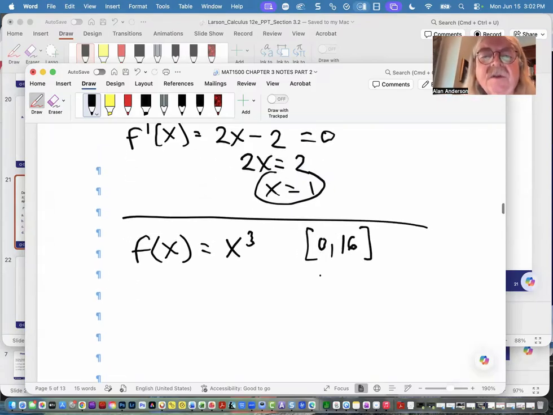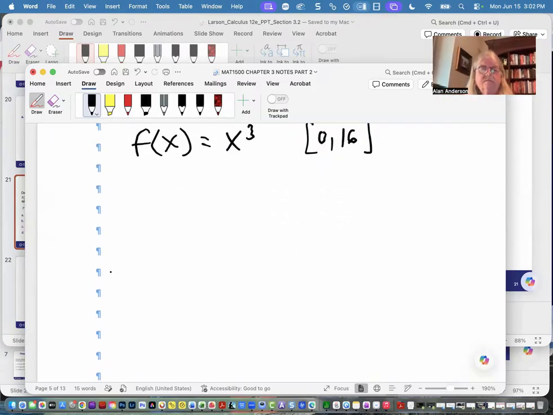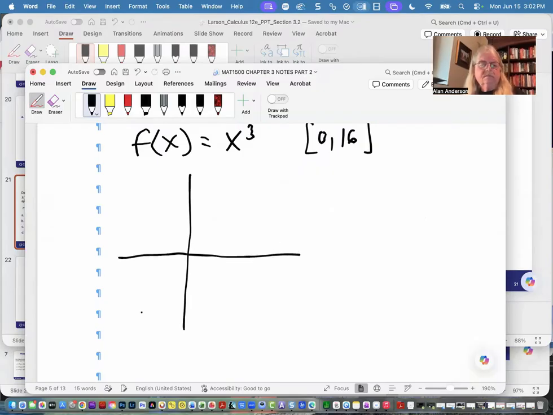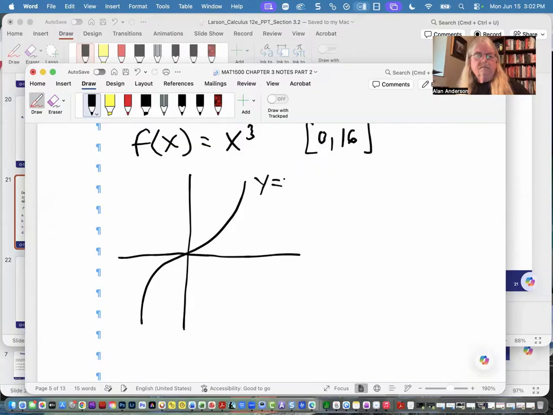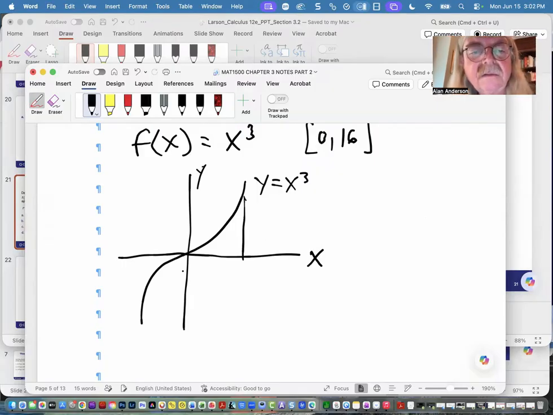Y equals x cubed looks like this. And the interval 0, 16 would be, let's say, so the secant line, all right, well, I didn't draw it that well, but all right.